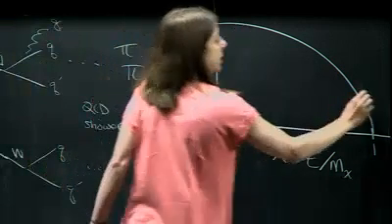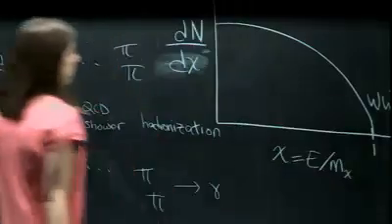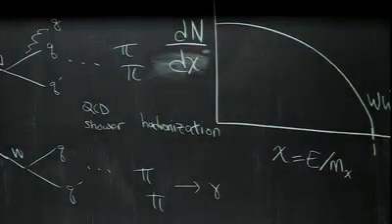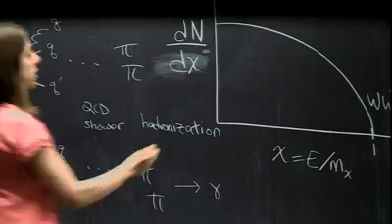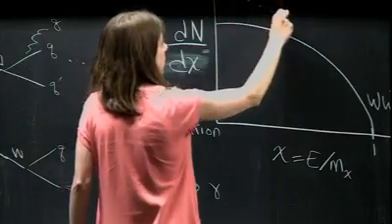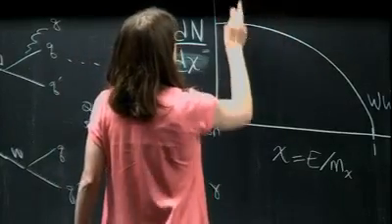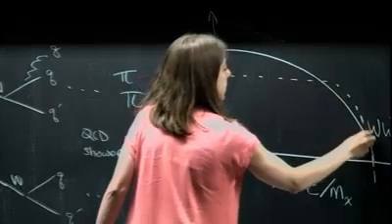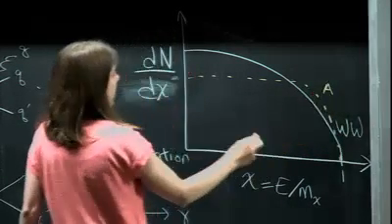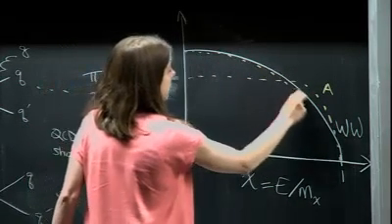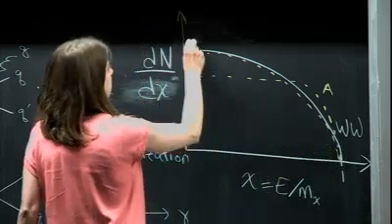Okay, so let's say this is the energy distribution of the photons you expect to get from annihilation to WW. How would this line change if I had annihilation to ZZ instead? Would it look more like this? So that would be option A. Option B would be it looks exactly like WW.